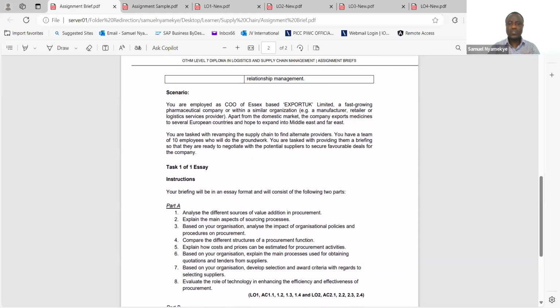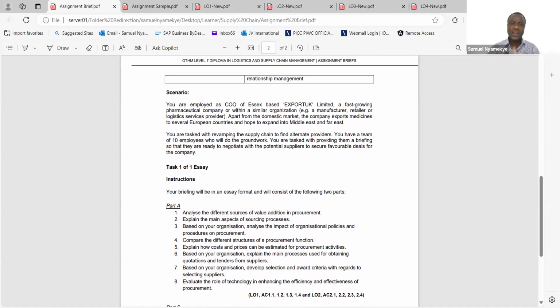Then when it comes to the body itself, where you are trying to look at all these points, it's important. You've been given a scenario. So you've been told that you are the chief operating officer. You should be able to write along those lines.